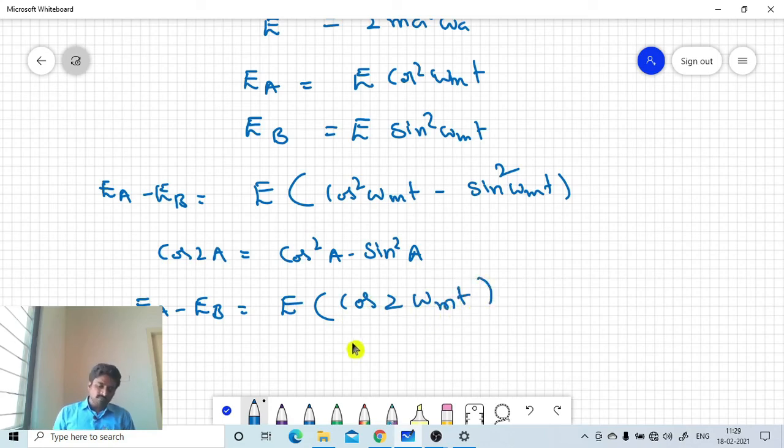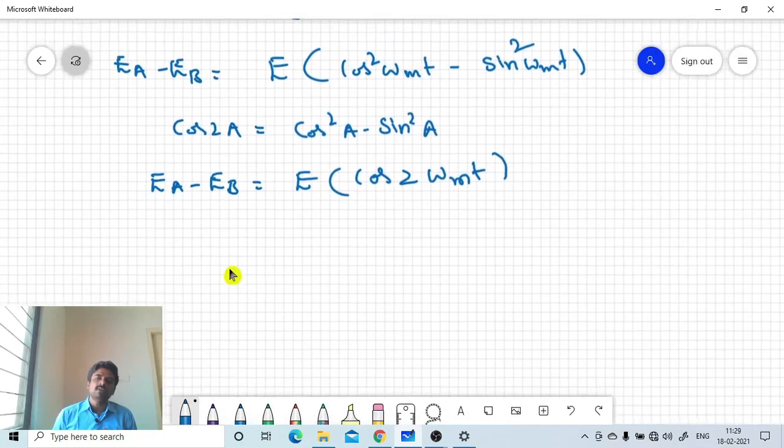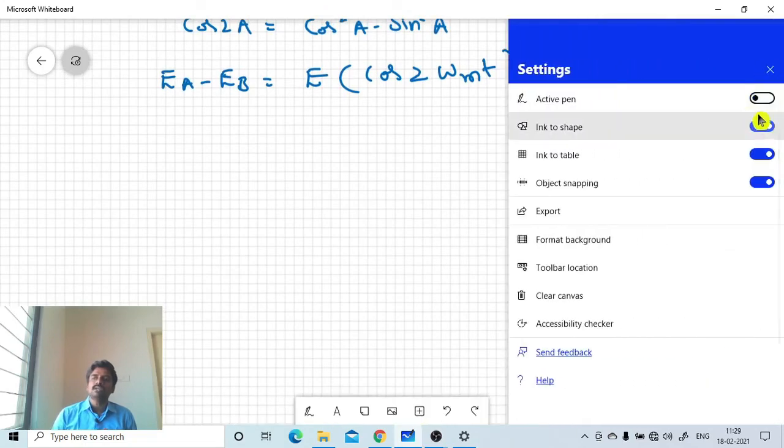This is the formula. So what is omega m? What did we take? You are already familiar with what omega m value we considered.